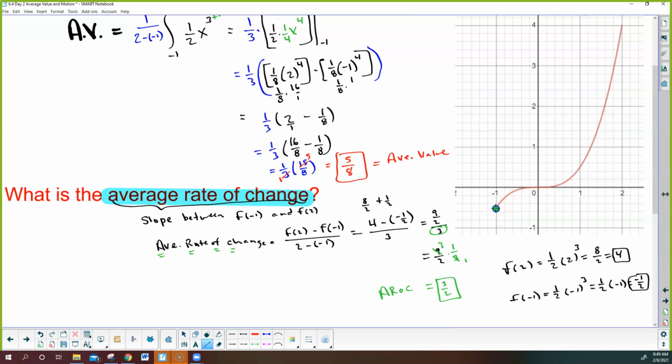By the way, this red graph is the graph of the original function f. So the average rate of change is the slope of the secant line. That's what we found right here. And this slope would be up 3 over 2, roughly. So there's your average rate of change.